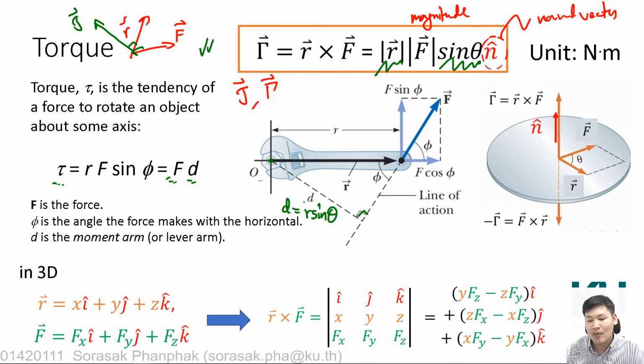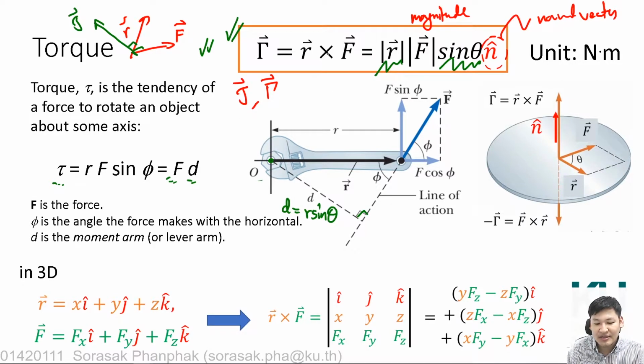This is how we use this type of information derived from the vector operations. We will trace back to how we define the cross product and use that type of vector manipulation to find the torque.